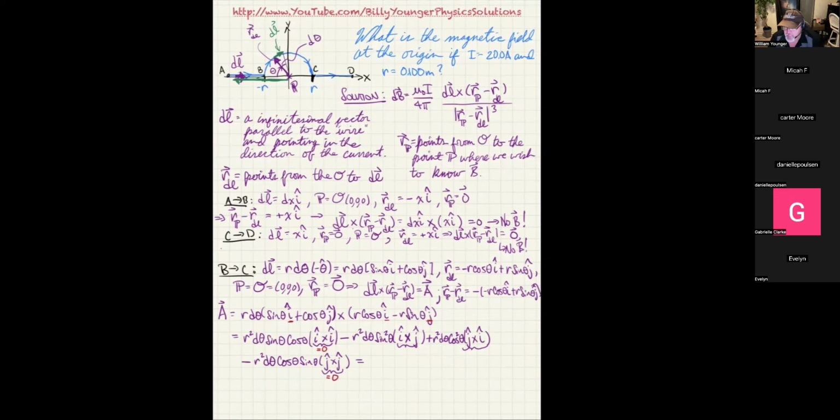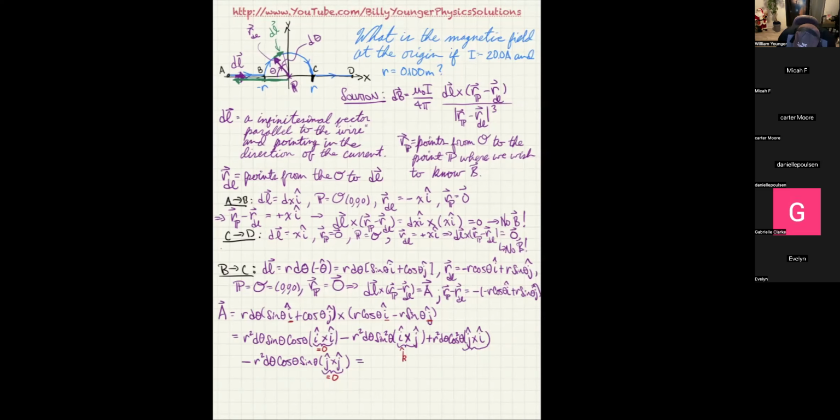All right, now we're going to do I hat cross j hat. This is where, if you remember that Levi-Civita pseudotensor I told you about, might come in handy, because you know that one of the cases of the Levi-Civita tensor was 1, 2, 3. Well, I've got 1 is the I hat, 2 is the j hat, so we'd expect I hat cross j hat to be k hat, and that's exactly what it is.